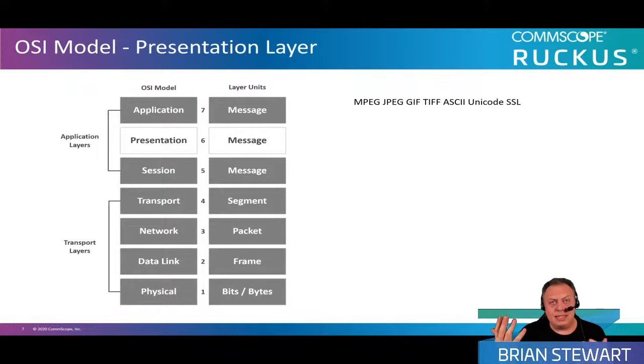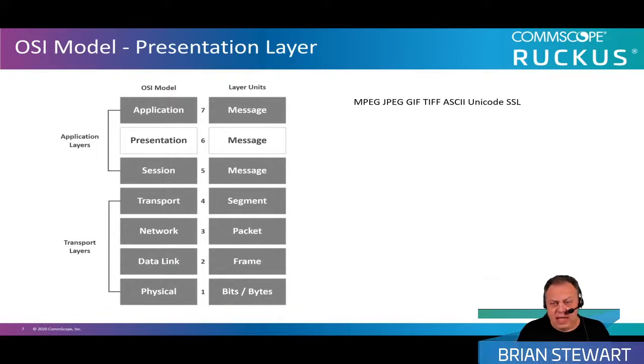ASCII already exists. We already have a method to take simple text and convert that down into binary in a way that it can be translated back on the other end, and the other end can see that that is GET /. So give me the root object from that web server.